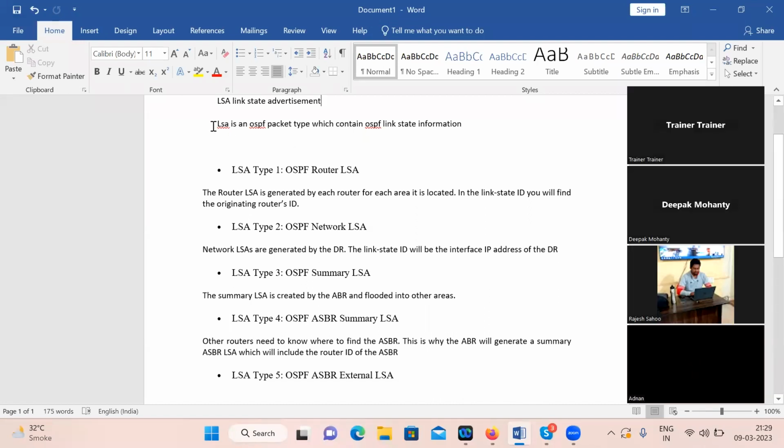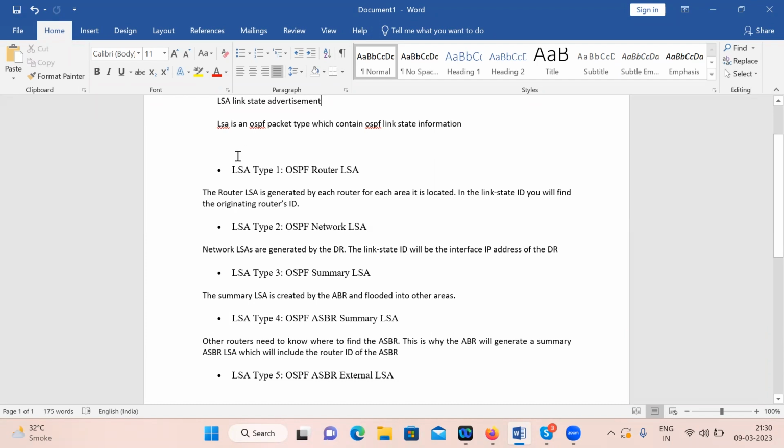So the first point is what an LSA is. Now, OSPF LSA contains lots of information, so that is why they have divided the complete OSPF LSA into different parts, and those parts are type 1, type 2, type 3, 4, 5, 6, 7, 8, and 9. In total there are 11 different types of LSA in OSPF.